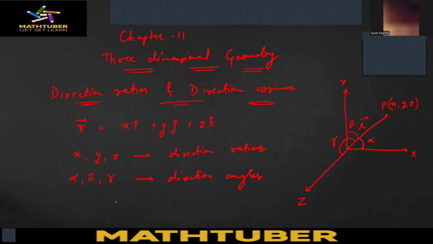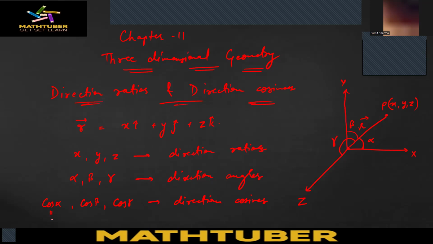And if we take cos of all these angles, they will be known as direction cosines. So cos alpha, cos beta, and cos gamma are known as direction cosines, right? Now these direction cosines are denoted by L, M, and N also.